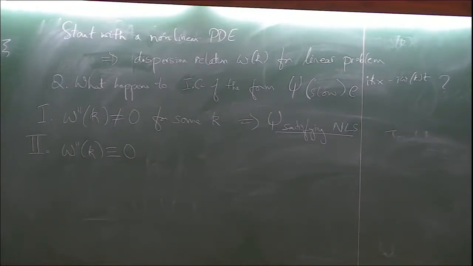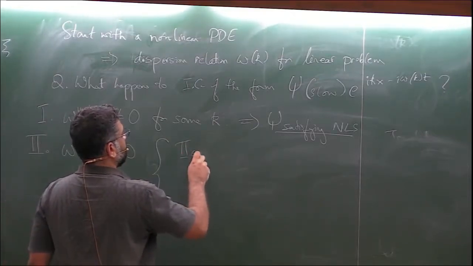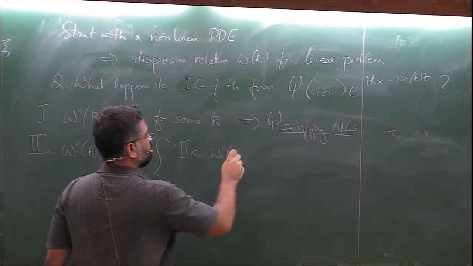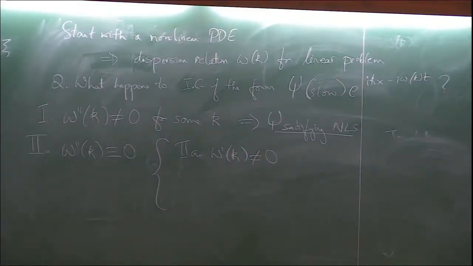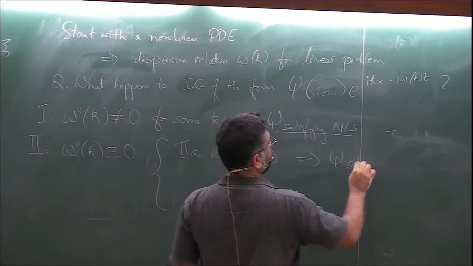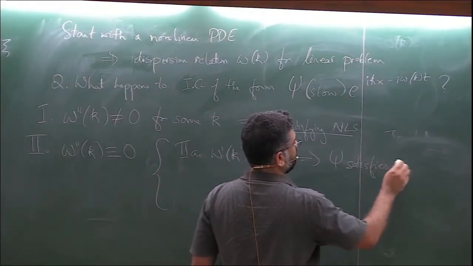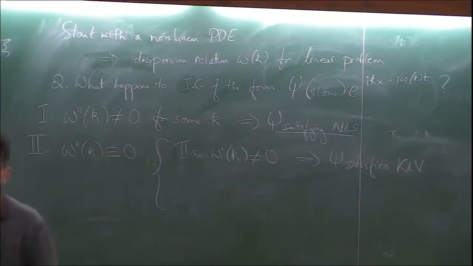So let's split this into two possibilities. So it looks like a k. In this case, psi satisfies KdV, Korteweg de Vries. Okay?